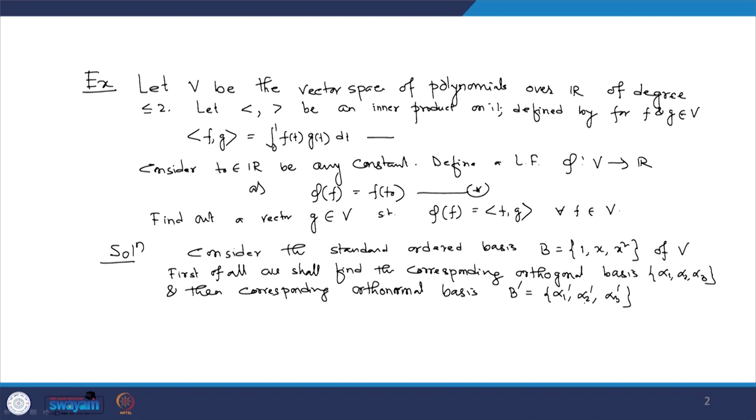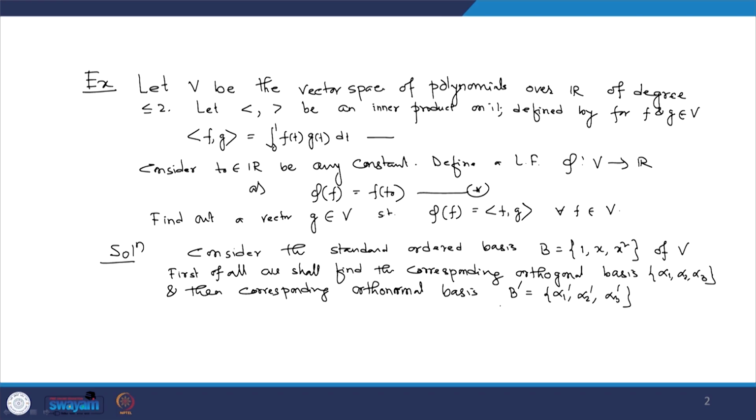So, the first objective will be to find B prime. To find the orthogonal basis, we have to use the Gram-Schmidt orthogonalization procedure, and once those orthogonal vectors are obtained, dividing by the magnitude of the vectors will give the orthonormal basis.